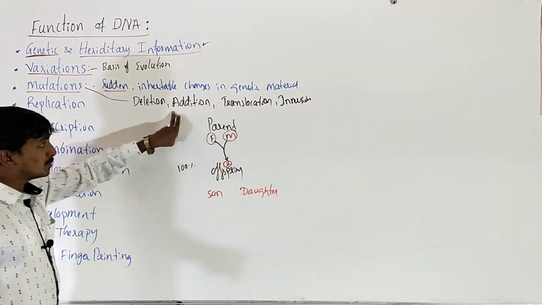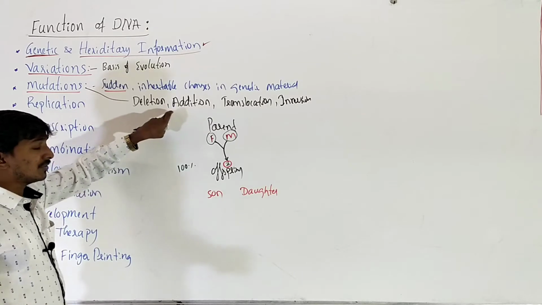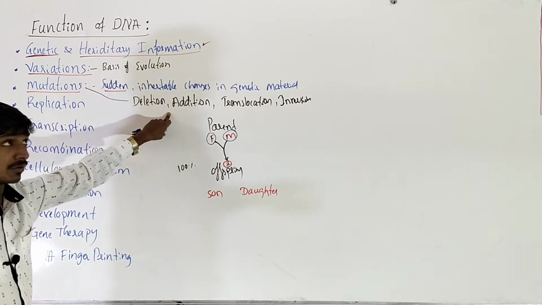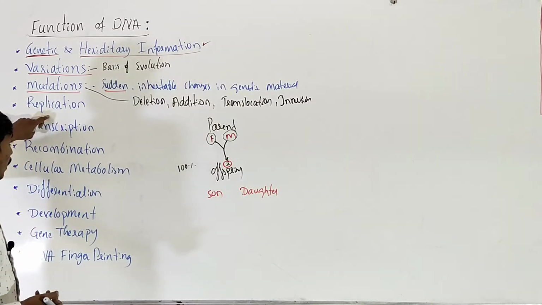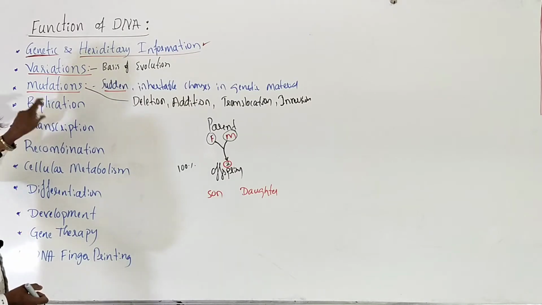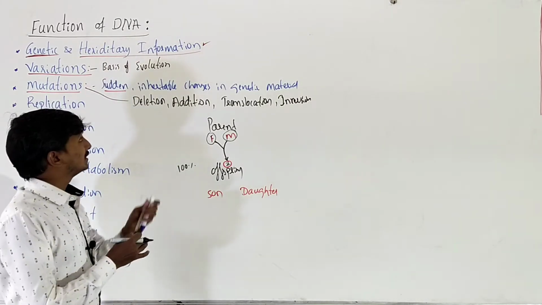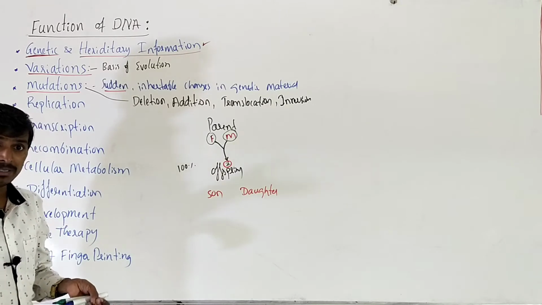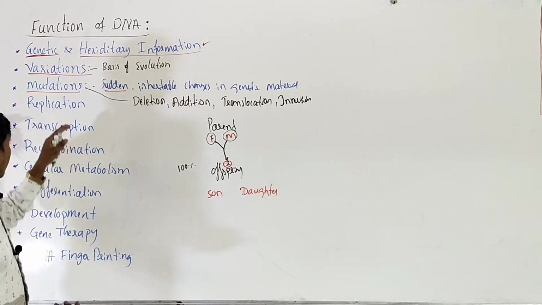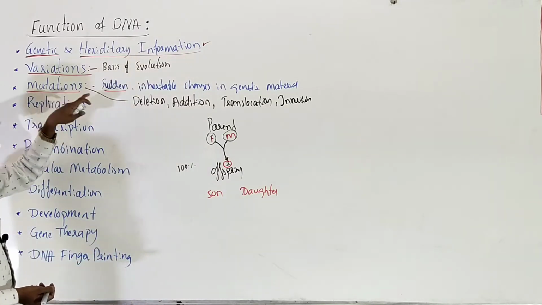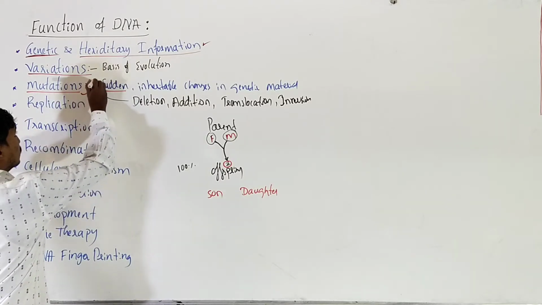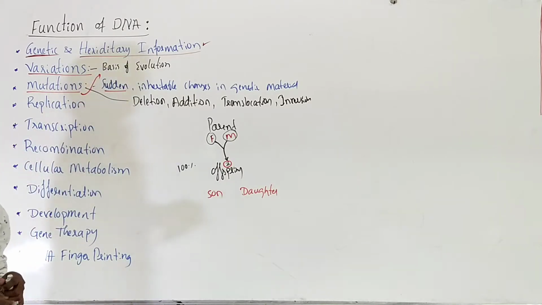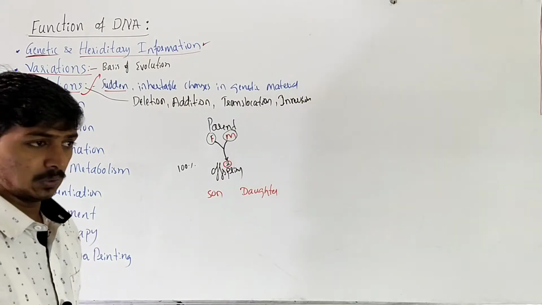All these mutations are just because of the change in pattern of the replication or transcription, or any changes with respect to DNA. If the change is sudden, immediate change, that change is known as a mutation. Mutation is also one of the basic materials for evolution.